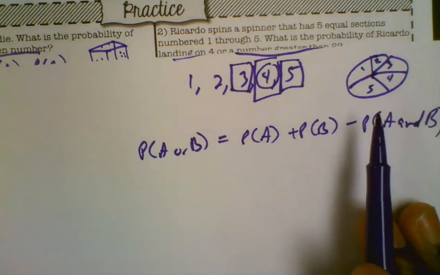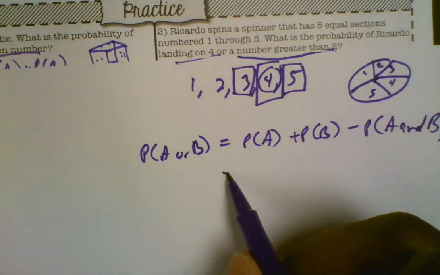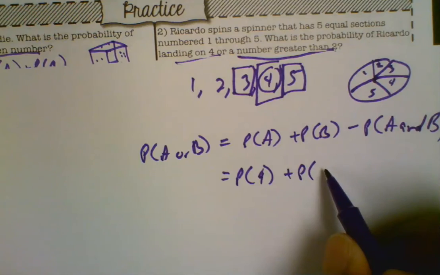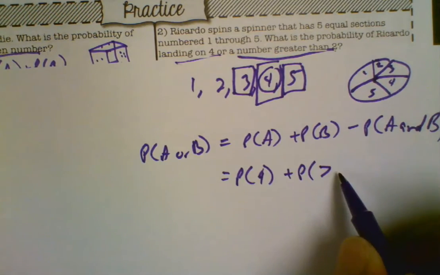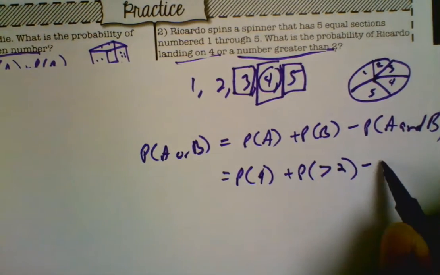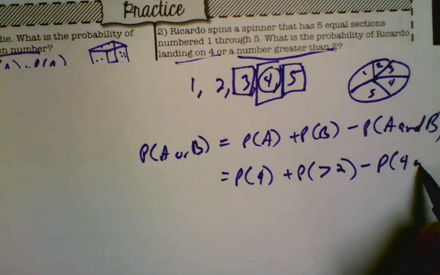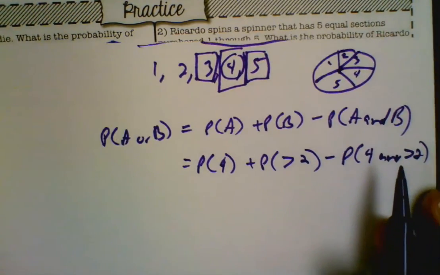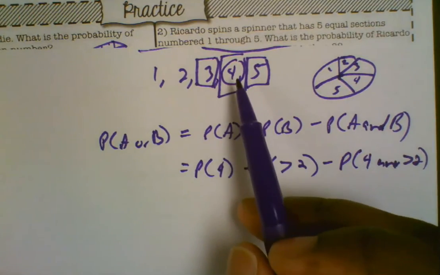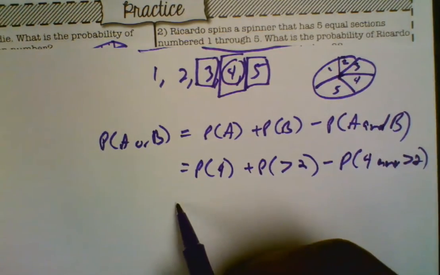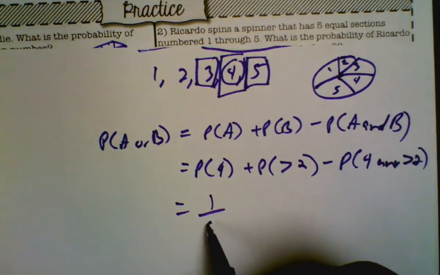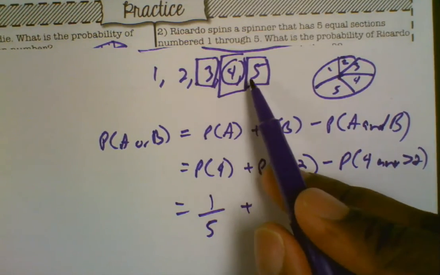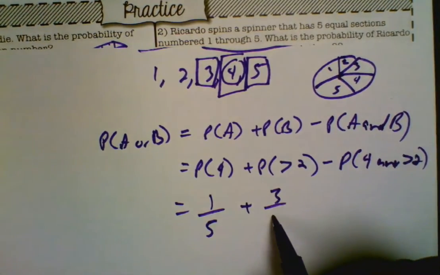So that's the probability of being a 4, plus the probability of being greater than 2, take away the probability of being 4 and greater than 2. The probability of getting a 4 is 1 out of 5. The probability of being greater than 2 is 3 out of 5 of those numbers.